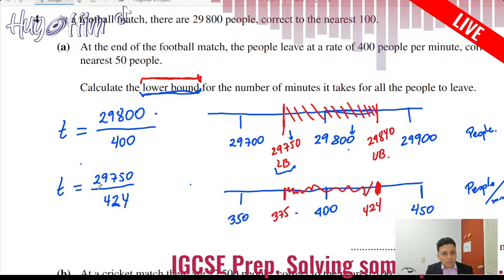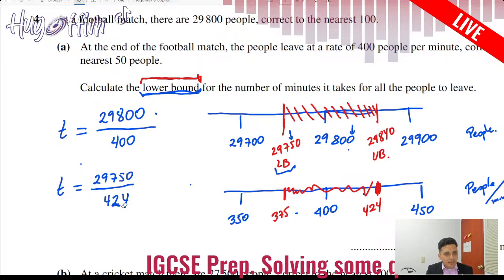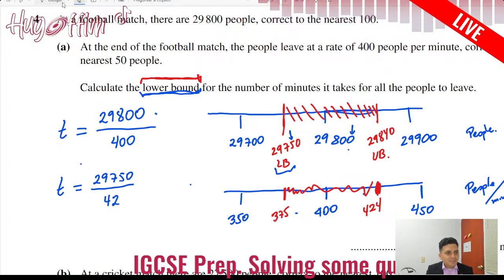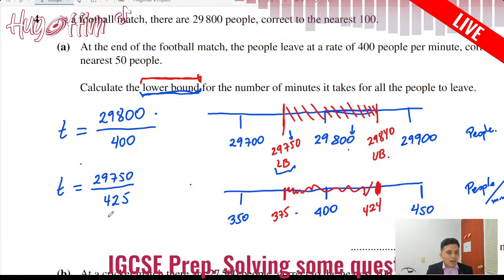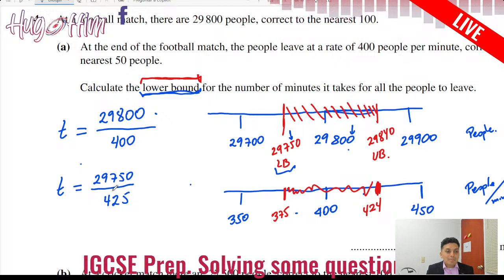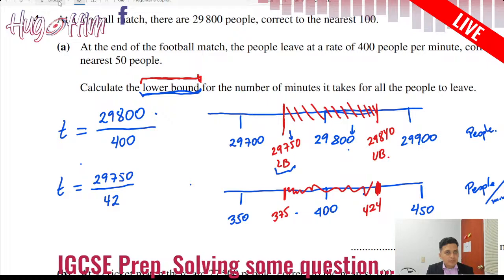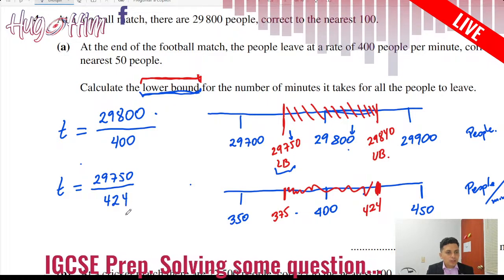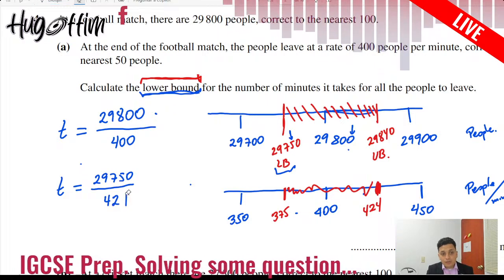If you divide this number by 424 or 425, there's not going to be a significant difference, because you have to round the answer.